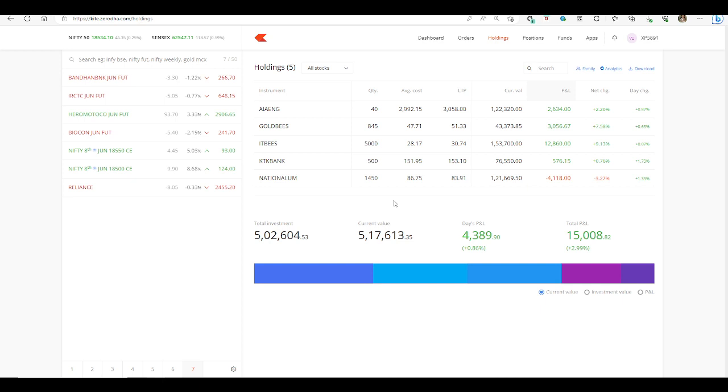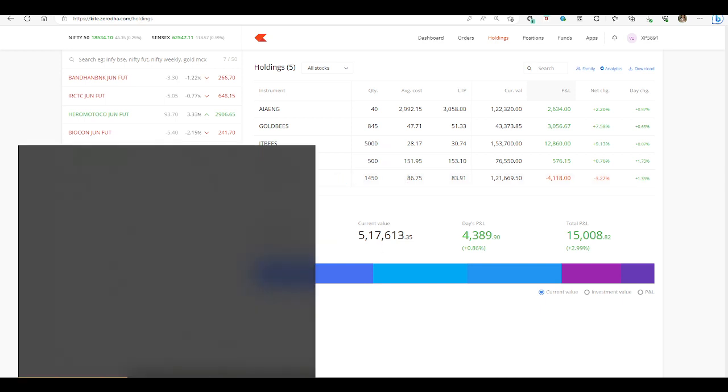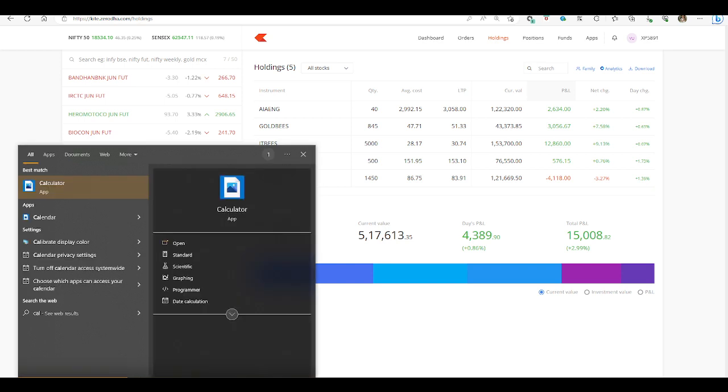Now how much did I want to invest extra? I wanted to average it. For that, the formula which I have made is a general formula. What is the current market price? Let me go to the calculator.